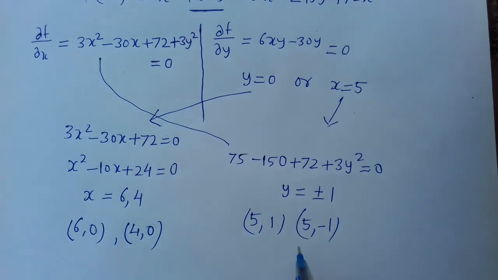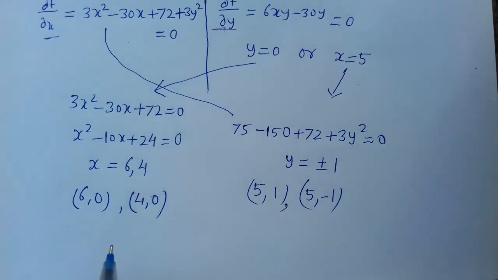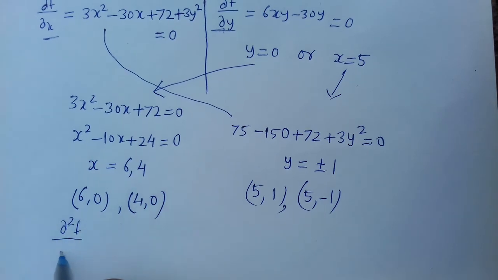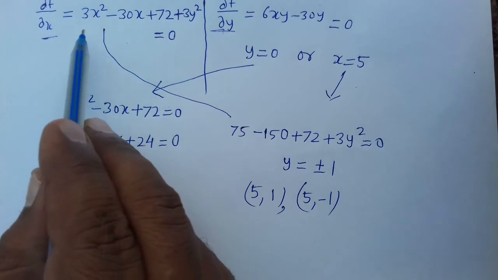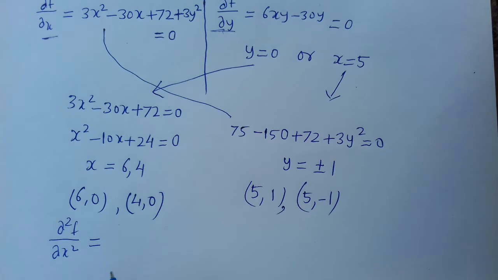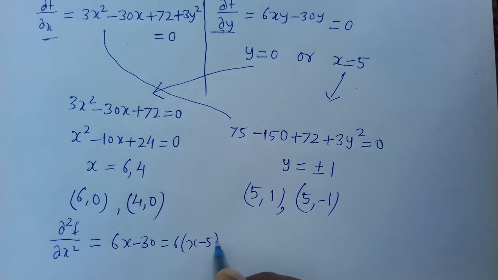Now to see the saddle points, maximum, minimum, we take second derivatives. Second derivative del square f by del x square will be 6x minus 30, that is 6 times (x minus 5).